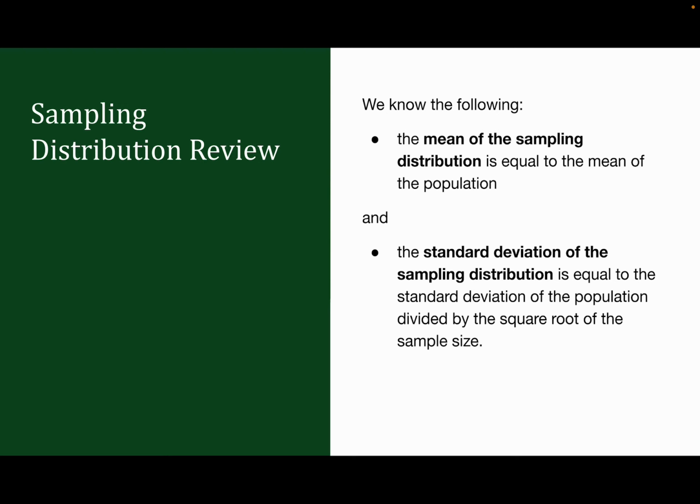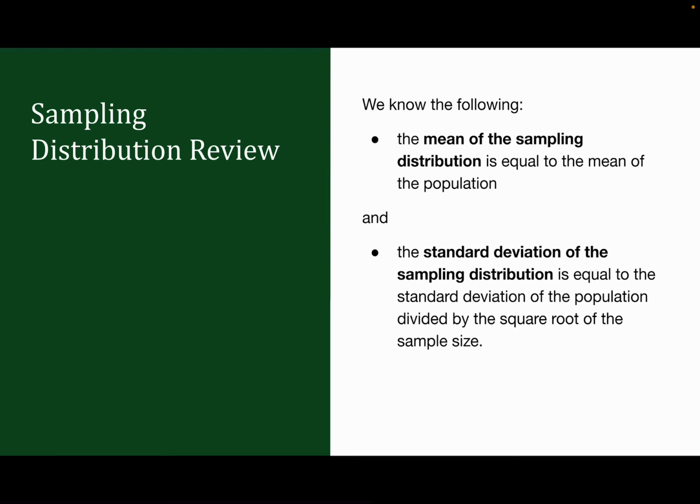Because if we're looking at means, it averages out those extreme values and squishes everything in towards the middle, making the distribution of sampling data less spread out than the distribution of raw data.